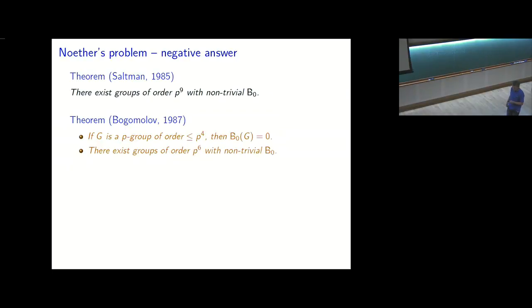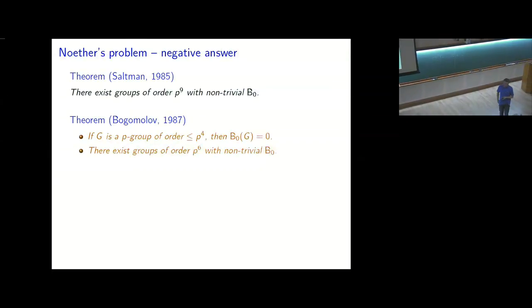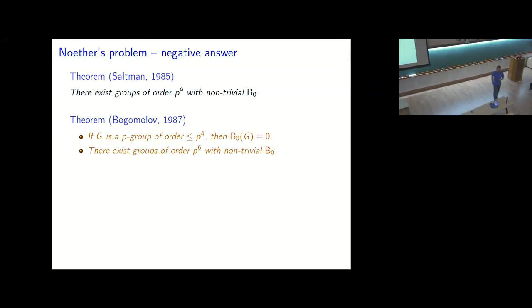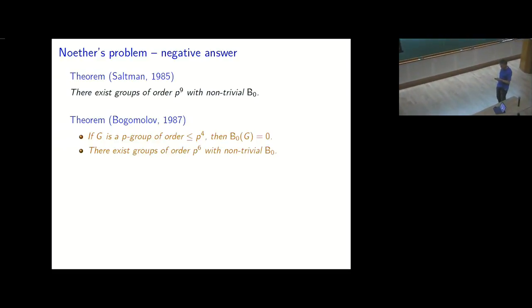So that's basically the same as if you just look at p-groups. So he proved that if you have groups of order at most p to the 4, then the Bogomolov multiplier is trivial. And he also found smaller counterexamples for p to the 6. He also claimed that for groups of order p to the 5, the Bogomolov multiplier is 0. I'll talk about that in a second.